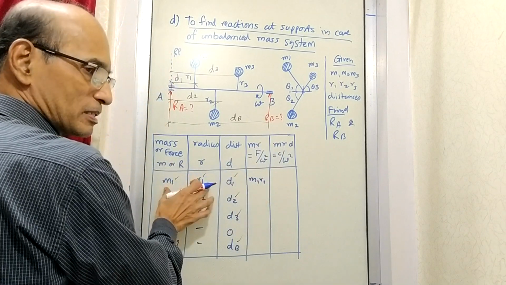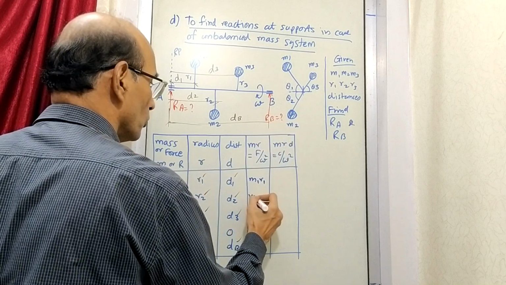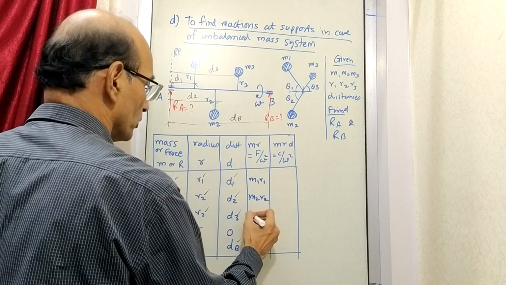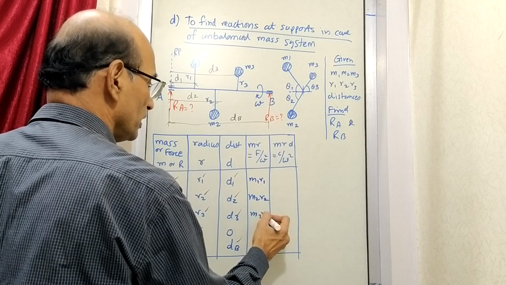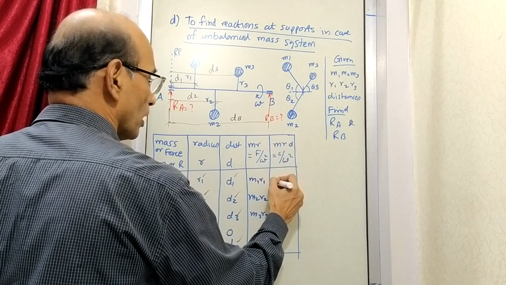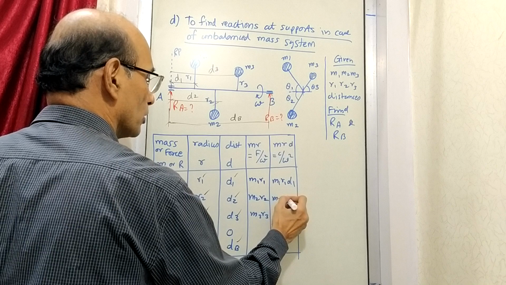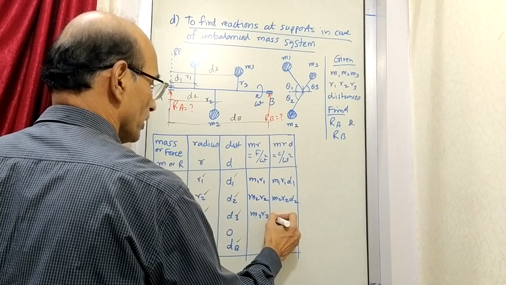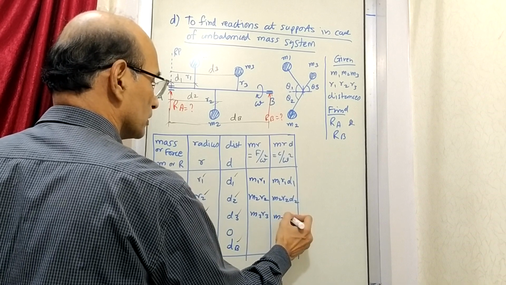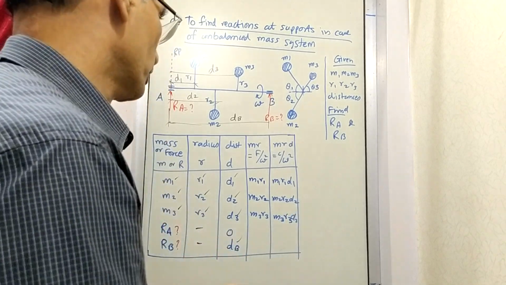Both are numerical numbers. So this you can find out. M2 R2 you can find out. M3 R3 you can work out and find out. Now MRD, M1 R1 D1, M2 R2 D2, M3 R3 D3. So these values you can find out.